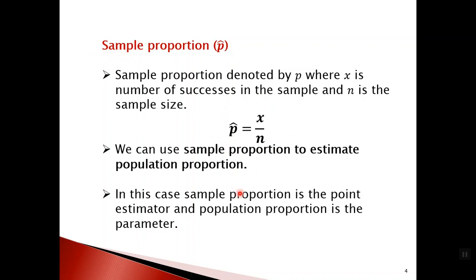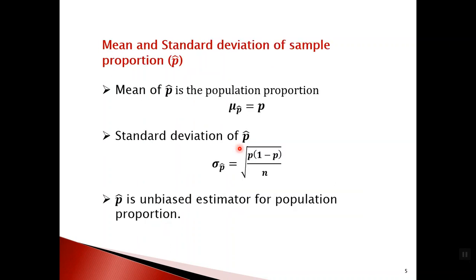In this case the sample proportion p hat is the point estimator, and p is the parameter. This p hat is the point estimator; this is what we can calculate. Let's see what this sample proportion looks like.